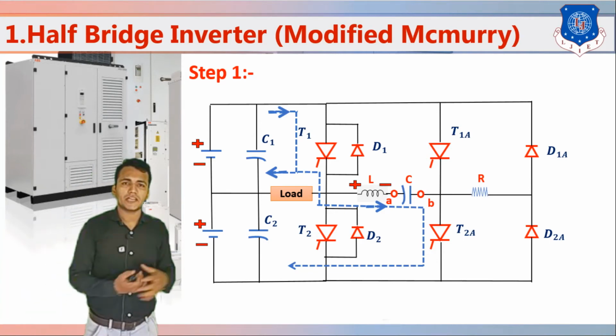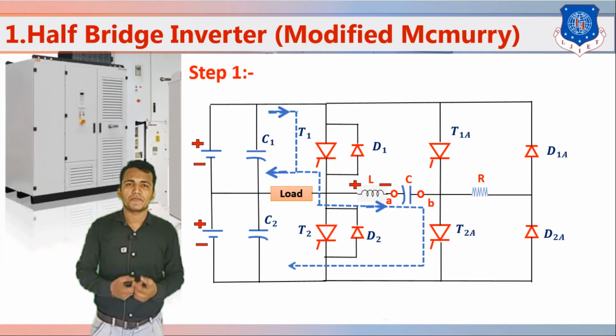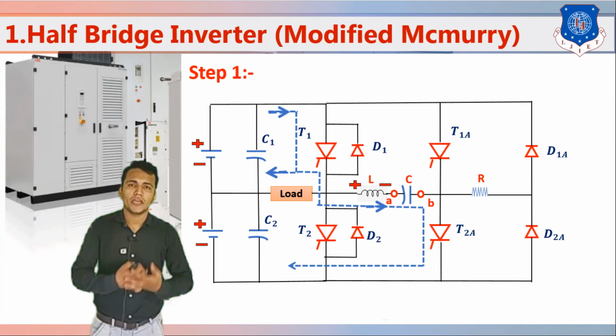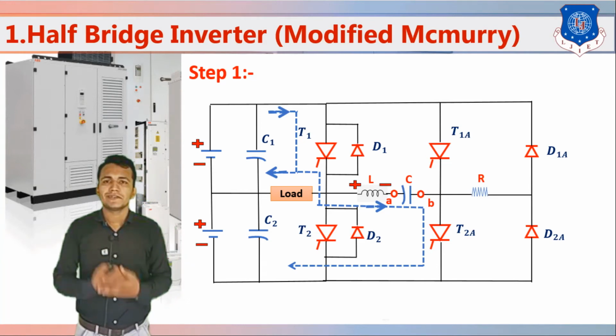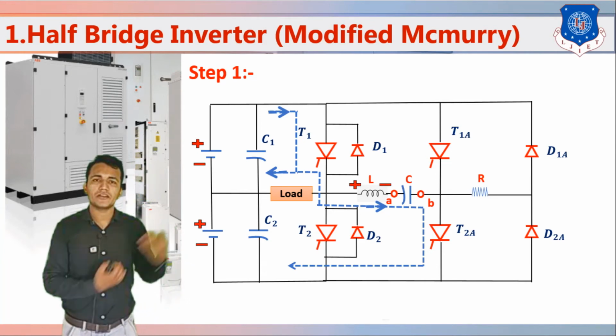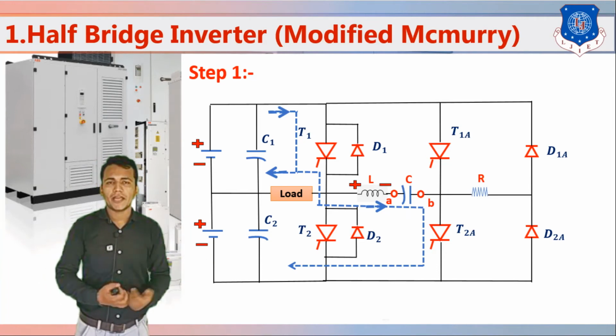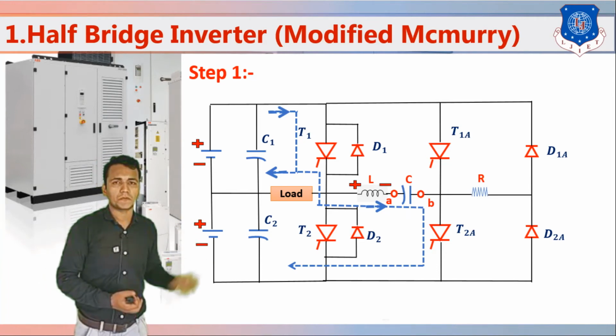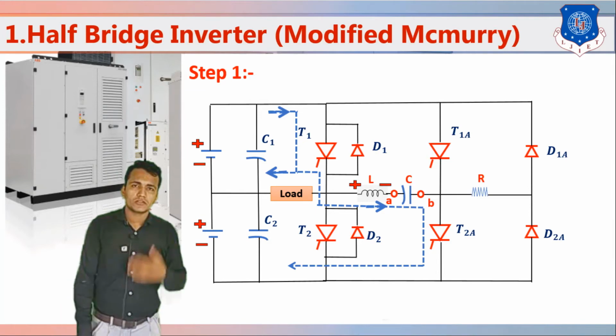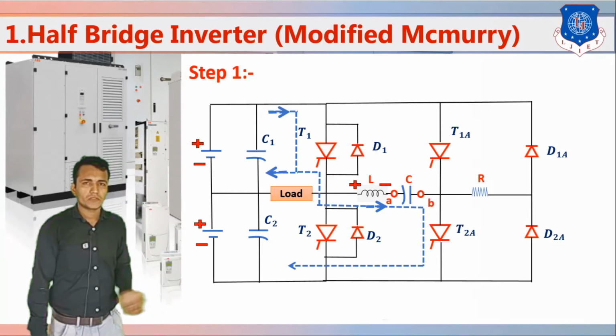So that is the direction of current in this step 1. Here the thyristors T1 and T2A will be on, and the inductor will be charged with this polarity. So that is mode 1.